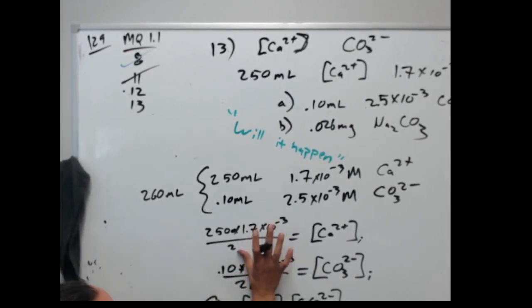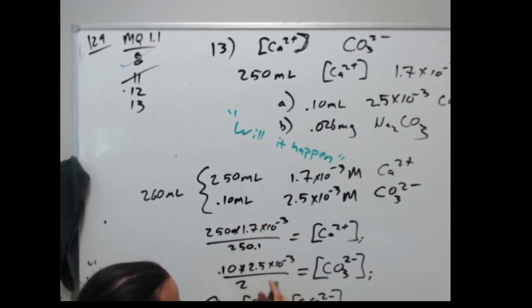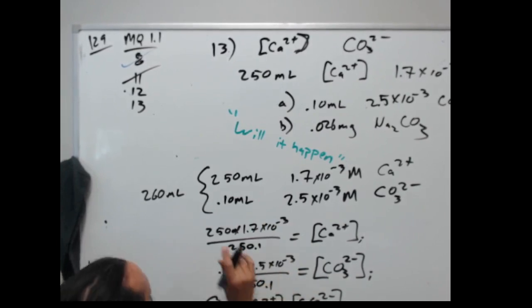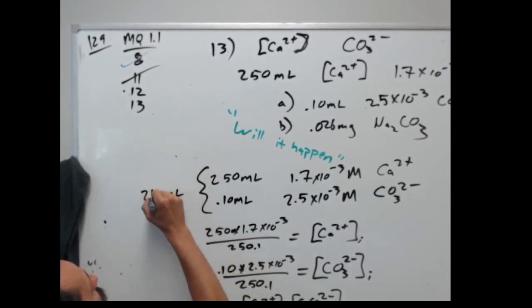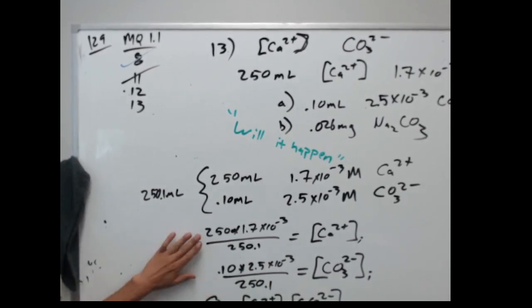So we're taking the initial 250 and multiplying it by the molarity on the numerator, divided by the total volume on the denominator. Now, it turns out that now that it's 250.1 instead of 260, this calculation is kind of pointless, because 250 divided by 250.1 is approximately 1.